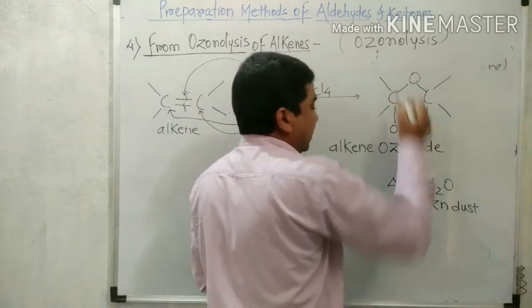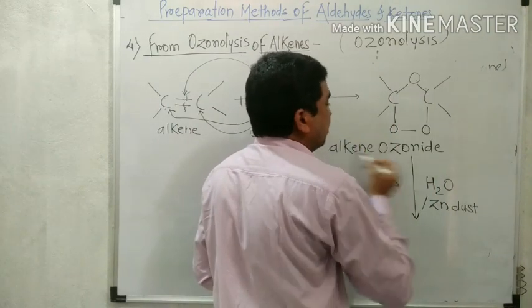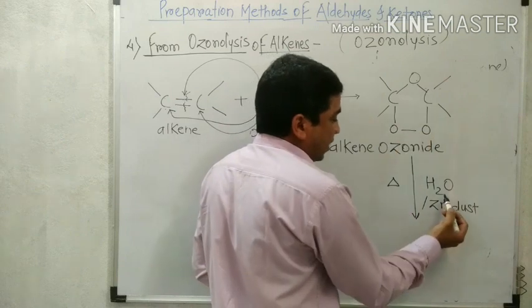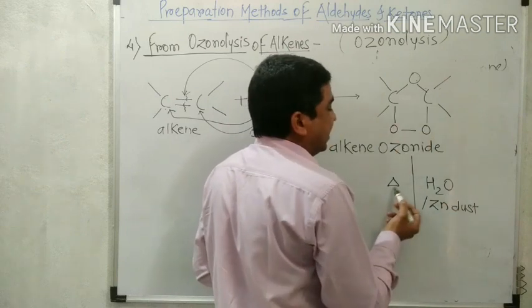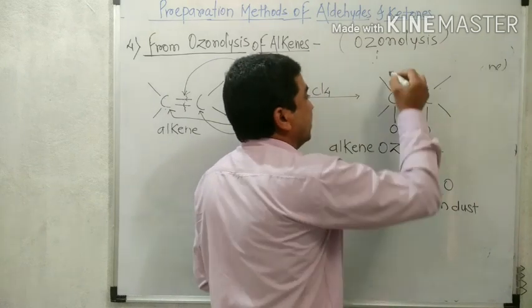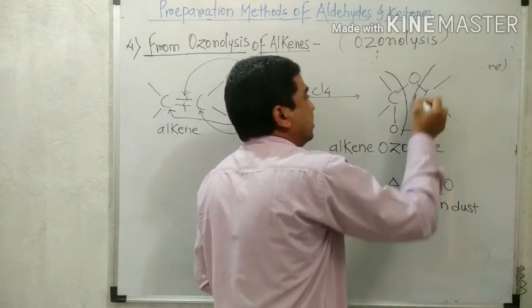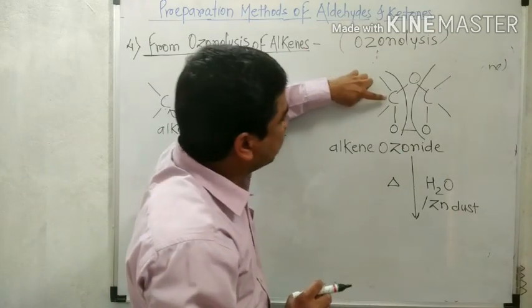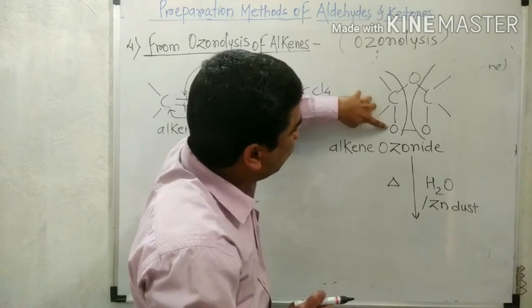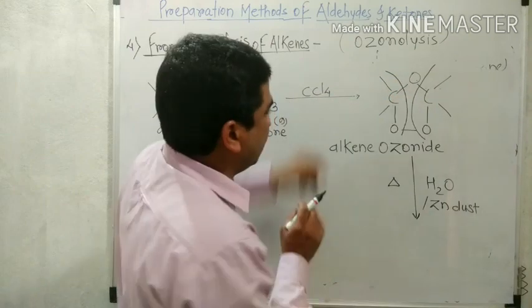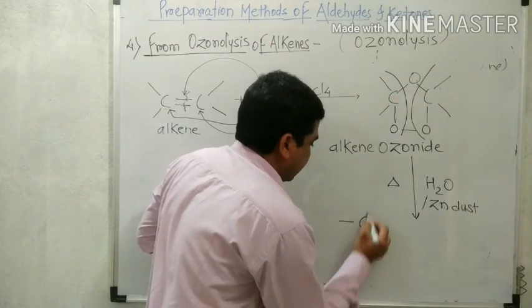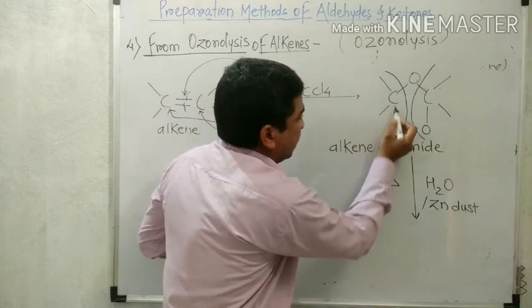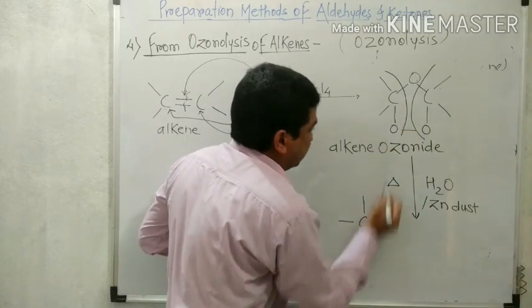Before that, when the alkene ozonide has formed as an addition product, it is hydrolyzed, that is heated with warm water, and the breaking of the structure takes place in this way. Here we obtain two fragments, that is C=O, like this, that carbon which has two bonds already.